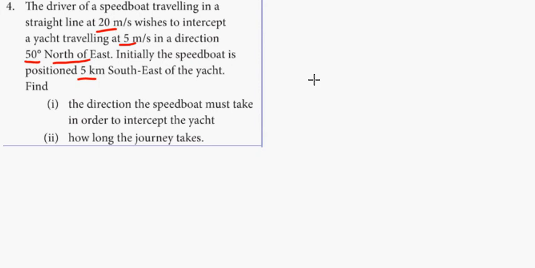So, long story short, the speedboat is down here, and it is southeast of the yacht. So the yacht is located up here. If we draw a mini XY axis here, the yacht in turn is going in a direction 50 degrees north of east.